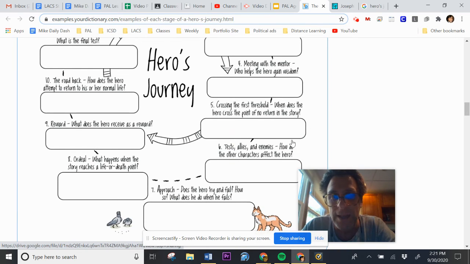And along the way, they have tests, they gain allies, they meet enemies, and have all sorts of adventures that affect their character and build their character up.